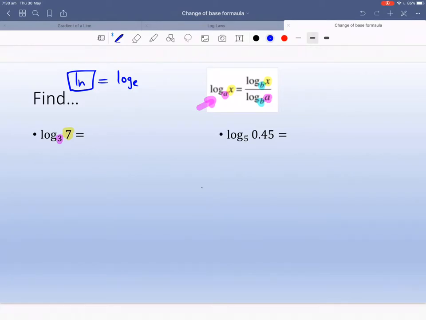So I'm going to change this log to log to the base e. What I'm going to put in my calculator is ln of 7, because X is in yellow, over ln 3. Now I can actually put that in my calculator. I've got a calculator right here, and I'm going to punch it in.